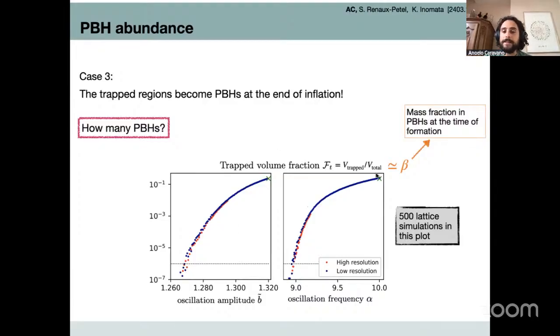We estimated the mass fraction in PBH at the time of their formation analytically at first order, from the simulation, using this simple relation that these people estimated, which is a first order approximation of how many of these objects you're going to have. And we also explored how this depends on the resolution and on the coupling and amplitude of our simulation, or the physical parameters of this model.